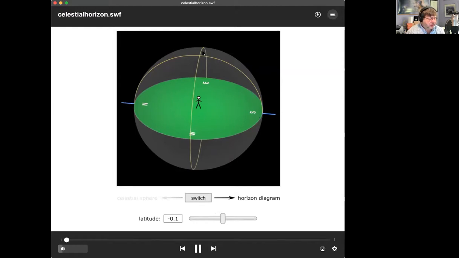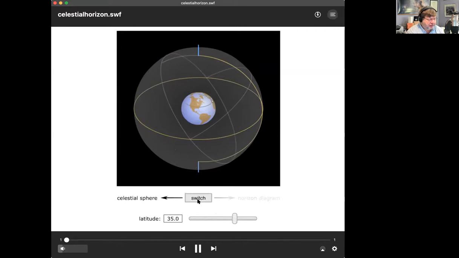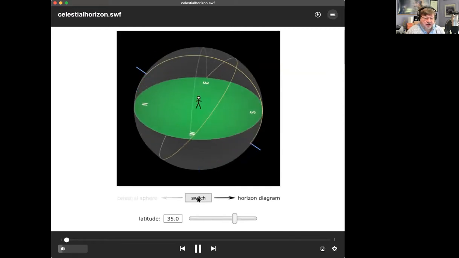The celestial equator is directly overhead. Here is your horizon right there, and there's the Earth spinning around, and there's the celestial equator. If we go to 35 degrees, there is the horizon, and there is your equator there, and there's the celestial equator, and the angle between those two is going to be 35 degrees.